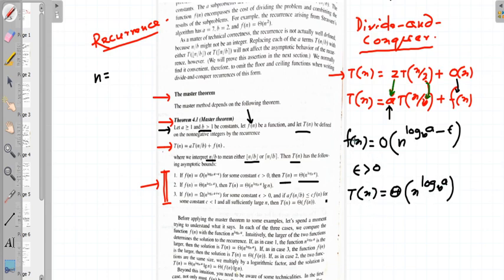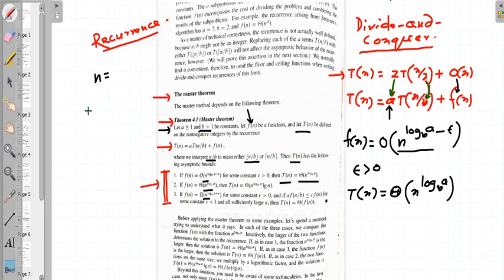So you see here, we are comparing f(n) with this term, n to the power log a base b. We will see that this term is the leaf level cost.